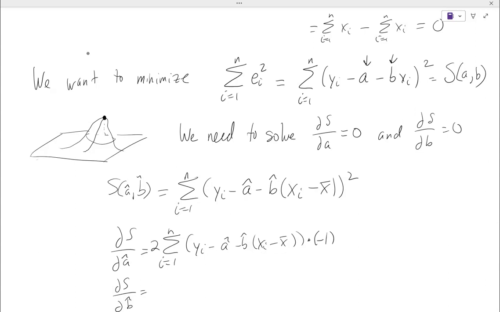How does it change when we do the partial with respect to b? What changes? Good.